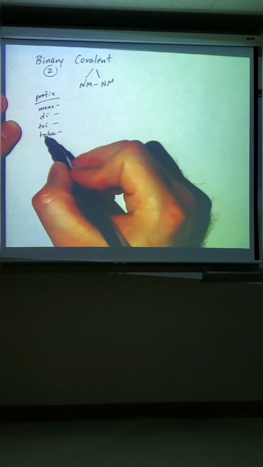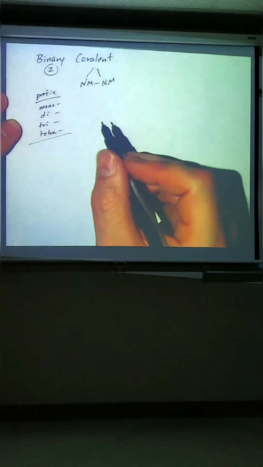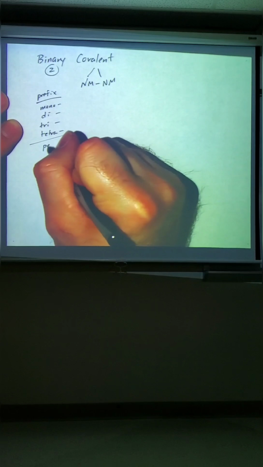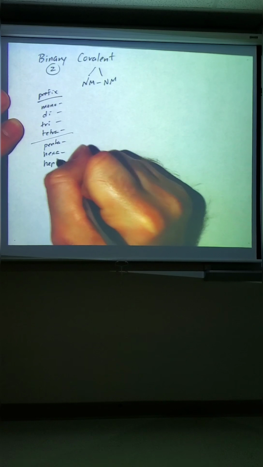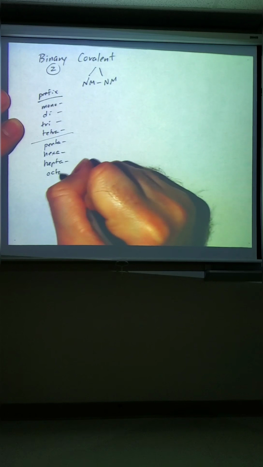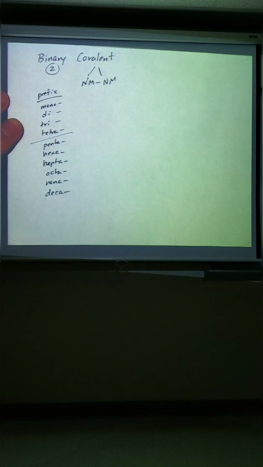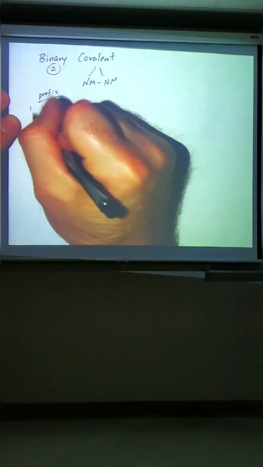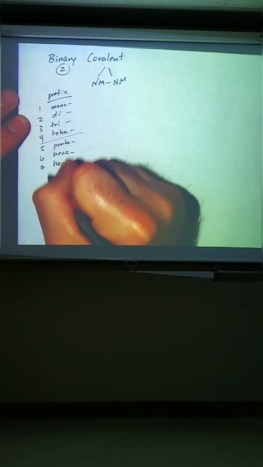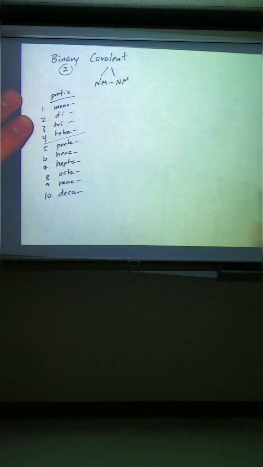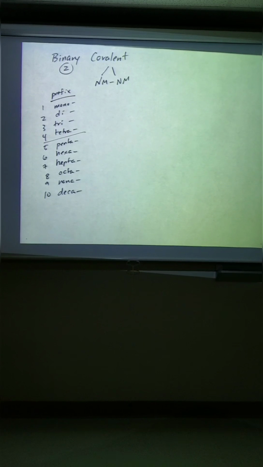But these are the 4 we need to worry about first, and then after that, the ones that stay the same for both chapters, we have penta, hexa, hepta, octa, nona, and deca. So there's our top 10. So 1, 2, 3, 4, 5, 6, 7, 8, 9, 10. So a couple of these are going to be relatively easy to recognize based on your experience with driving cars and so forth.